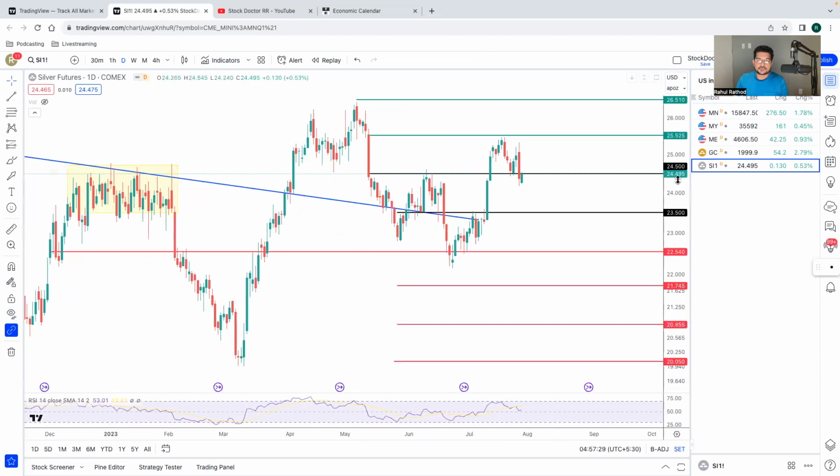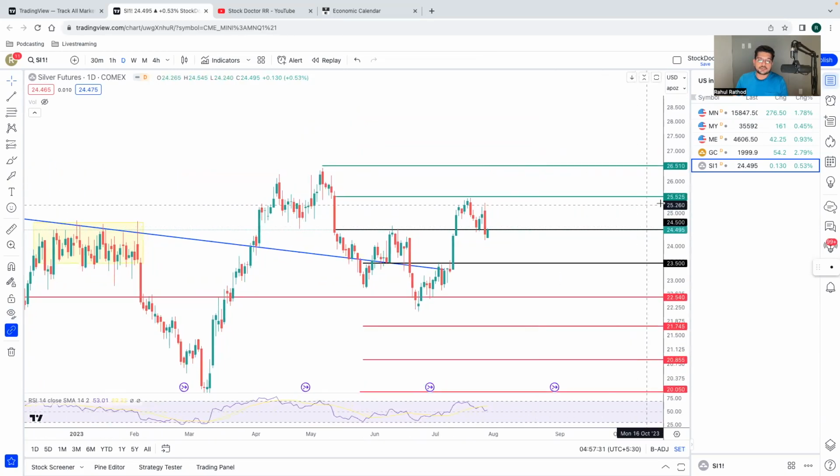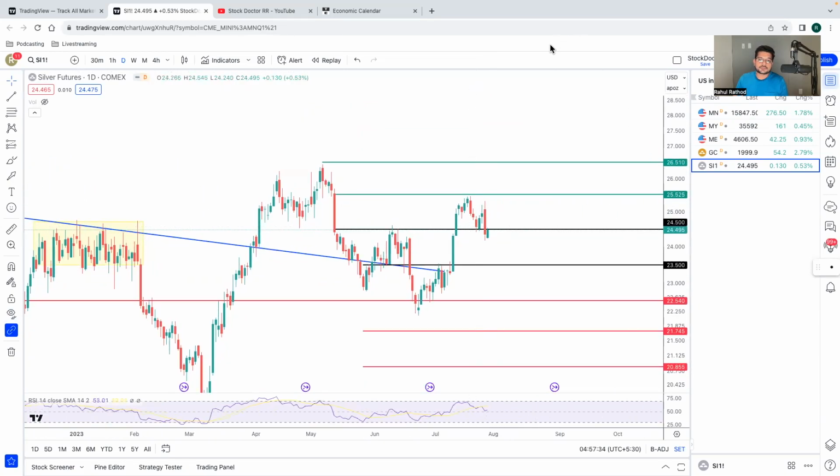On the day chart currently it is just near the support area of 24.50 to 23.50. The first target, if it stays above 24.50, then 25.50 and 26.50 are the two upside targets.